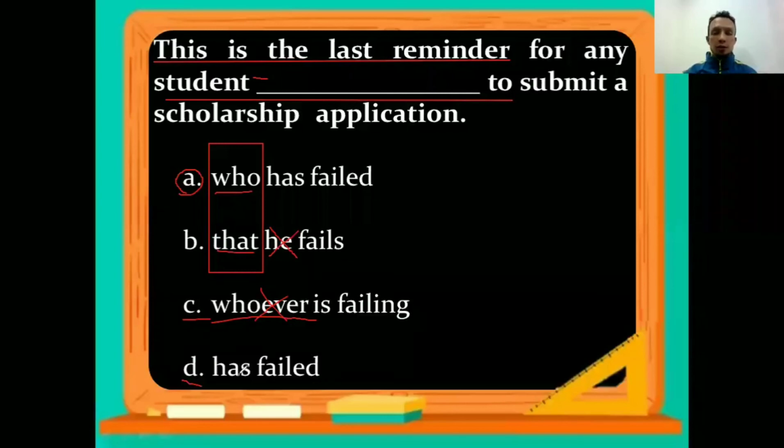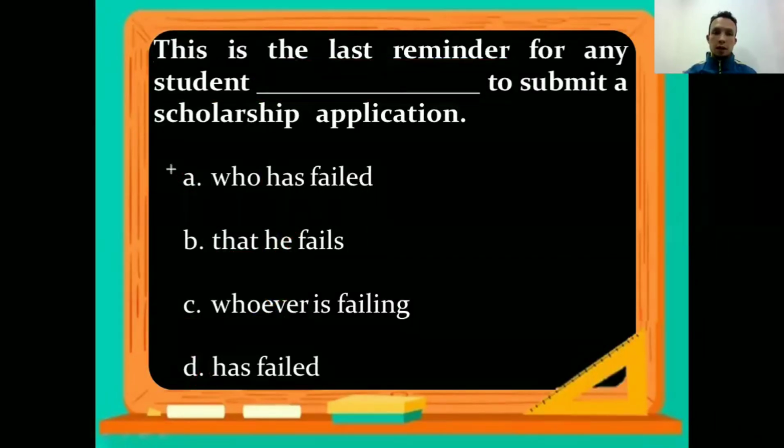And the other one is incomplete. If I'm saying a student, I need a relative clause, who or that, so it's missing something. For that reason, it's wrong. In this case, again, the best answer to be chosen is going to be A. This is the last reminder for any student who has failed to submit a scholar application.